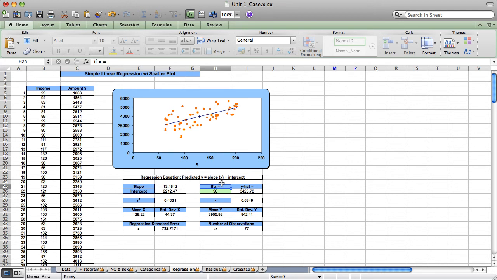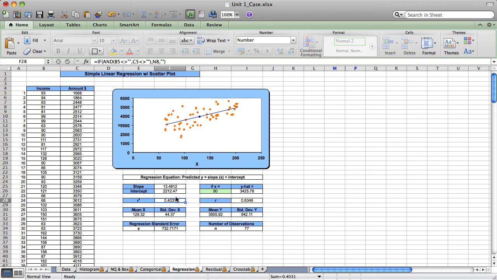Now that we've obtained the estimated regression equation and the scatter plot, let's look at the quality of our regression. R squared, called the coefficient of determination, tells me what percentage of the change or variability in amount charged can be explained by its relationship to income.